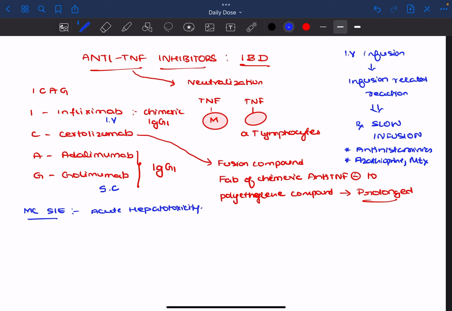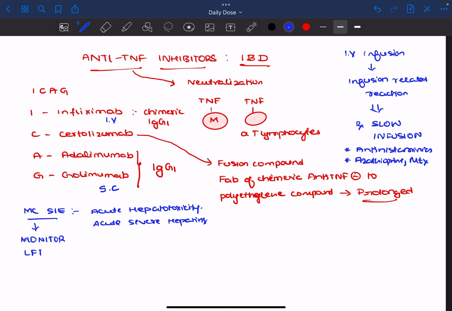It can cause acute severe hepatitis. So what you want to do after administration of these agents is regularly monitor the liver function test. Liver function test has to be regularly monitored.